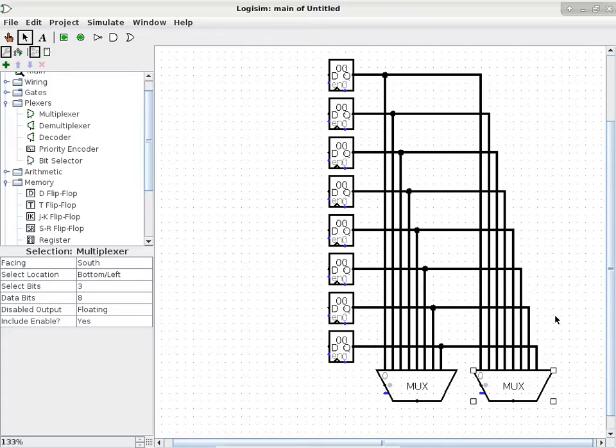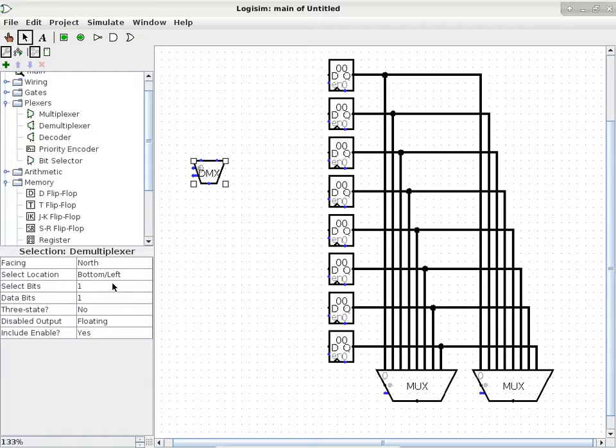Okay, so now we have everything connected to the two multiplexers as outputs out of the register bank. We have one input that will go into the register bank. So let's pick out a demultiplexer, and this time we'll make it face north.